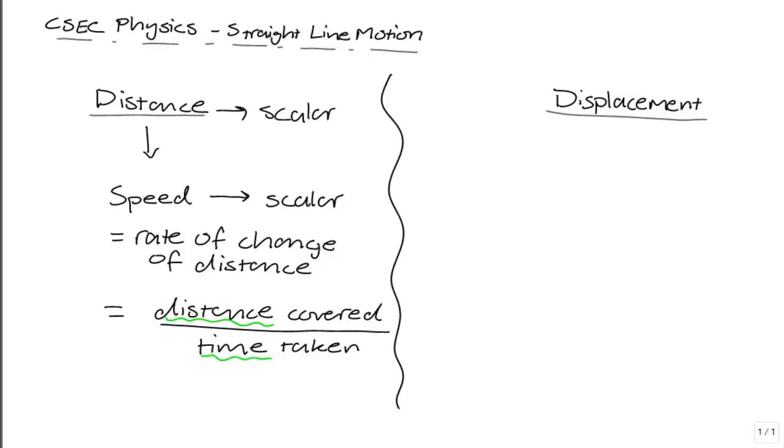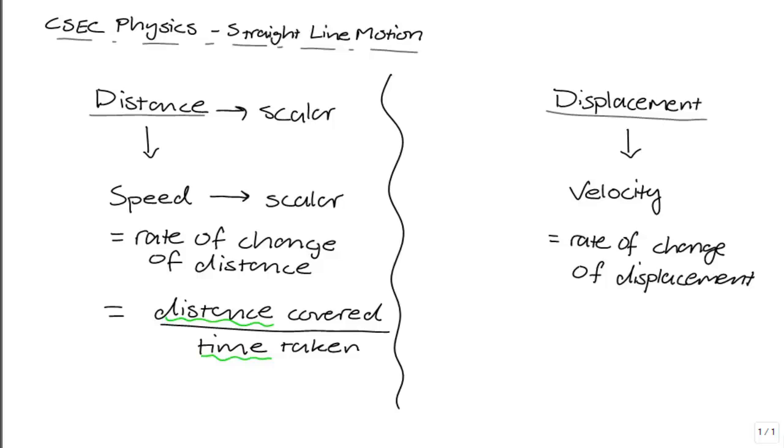However, when you talk about velocity, here's where direction becomes important. Velocity equals the rate of change of displacement. It has the symbol V, and V is equal to displacement, which has the symbol S, or sometimes X, divided by T, which is displacement divided by time.